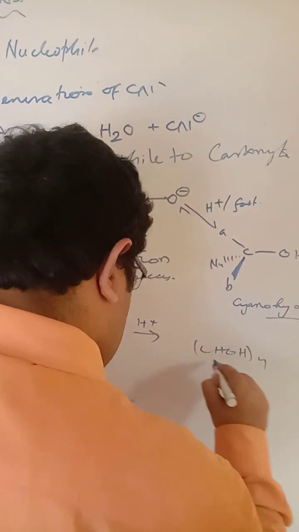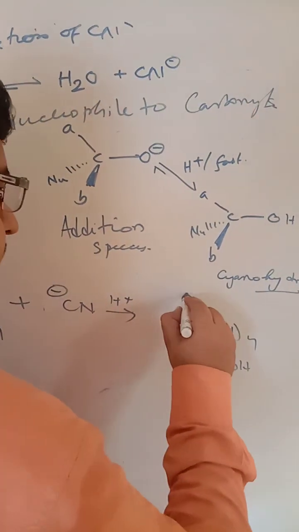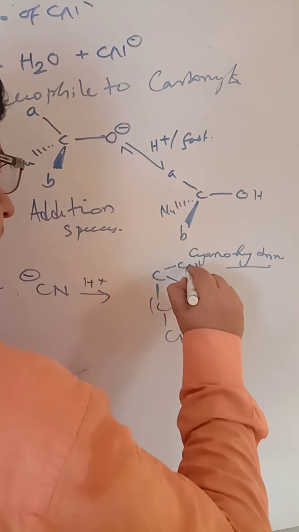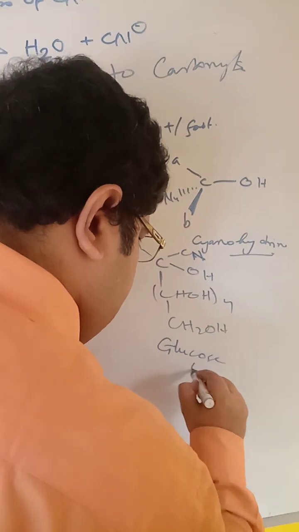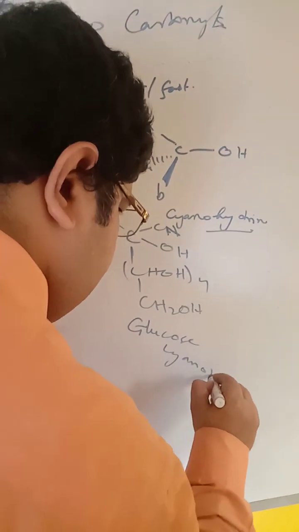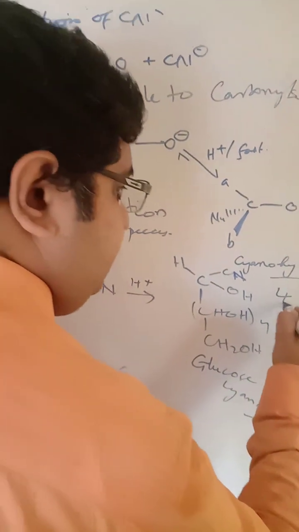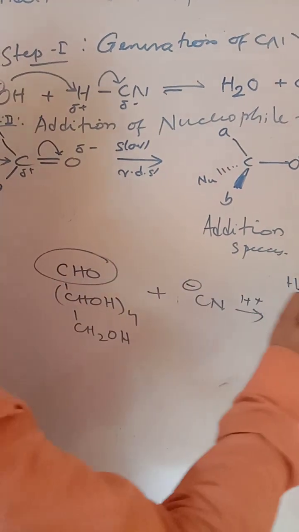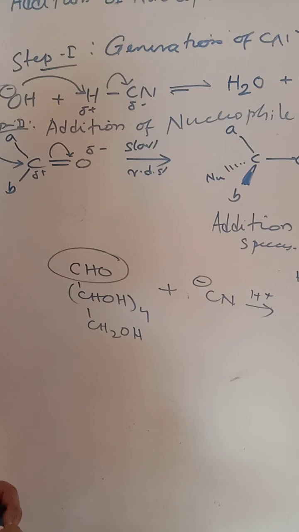CHOH whole 4, CH2OH, and to this you get C(OH), CN, and here you get the H. This is glucose cyanohydrin. This is an example, also an application and evidence. Why? Because this reaction is actually done to check whether glucose contains an aldehyde group, and the formation of cyanohydrin proves that glucose does contain the carbonyl group.